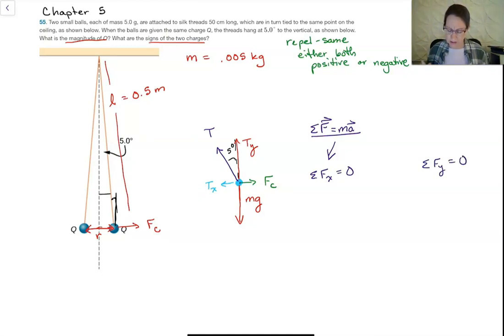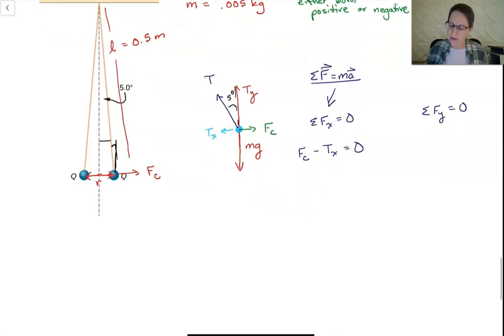And since I'm interested in the Coulomb force, the charge, right, I'm trying to find the magnitude of the charge, it makes sense that I would look at what's going on in the x direction. So in the x direction, I have force Coulomb in the positive direction, minus the tension in the x equal to 0. The tension x is opposite this 5-degree angle, so I would write that as the total tension sine of 5 degrees.